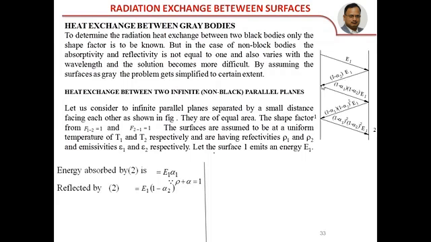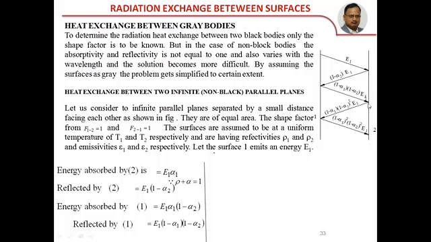This E1 into 1 minus alpha 2 will come and fall on body 1, and again this body will have a reflectivity of rho 1. So therefore it reflects E1 into 1 minus alpha 2 into rho 1, and this rho 1 is equal to 1 minus alpha 1, and again E1 into 1 minus alpha 1 into 1 minus alpha 2 comes and hits the body 2.